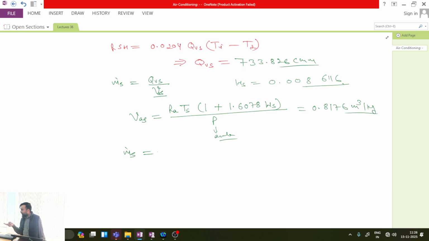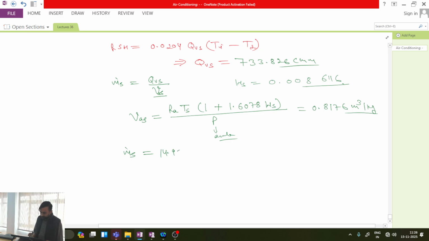So if you have to convert into per second, then divide by 60, divide by specific volume, and from here you will be getting MAS as 14.9586 kGa per second, kilogram air per second. Is this point clear?